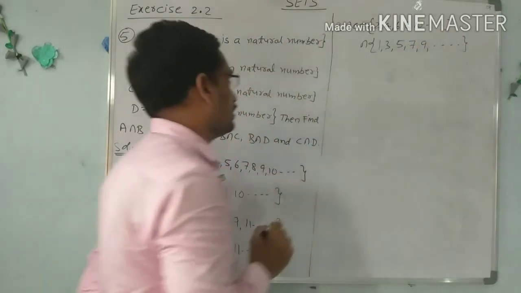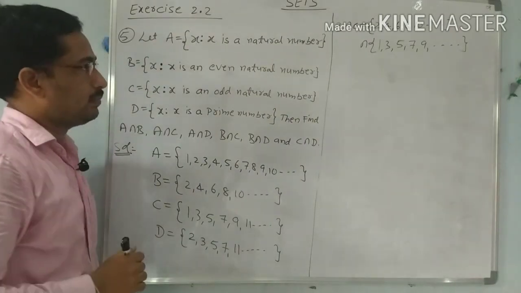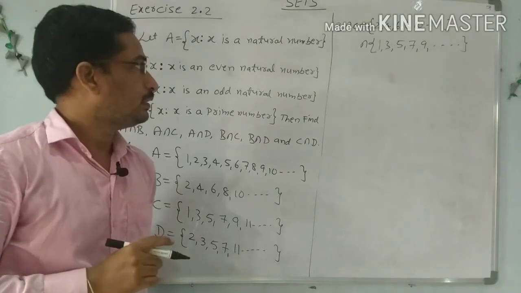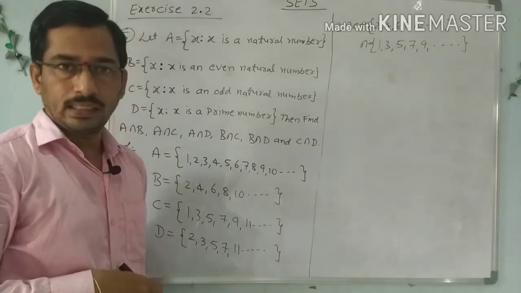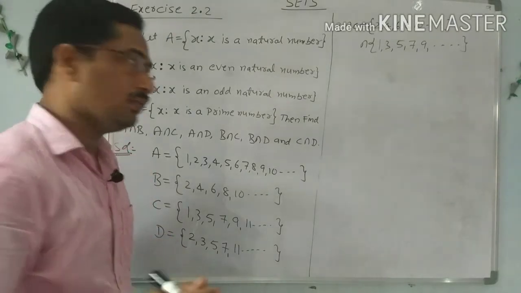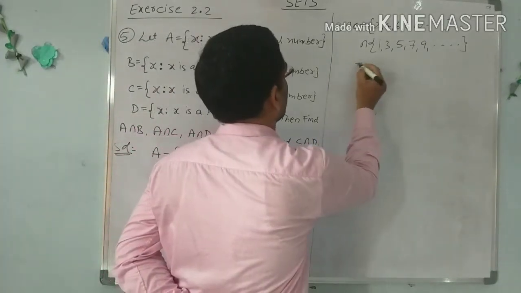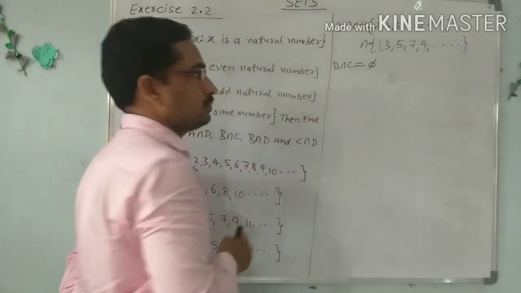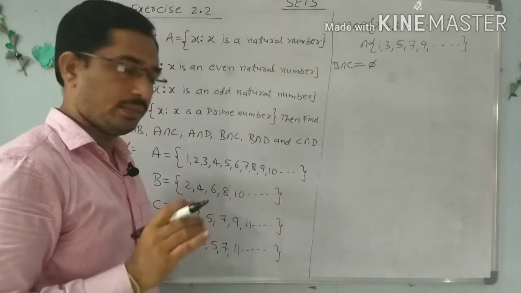Intersection means common elements. Set B contains all even numbers, set C contains all odd numbers. Is there any common element? No, there is no common element. So B intersection C is phi, the empty set.